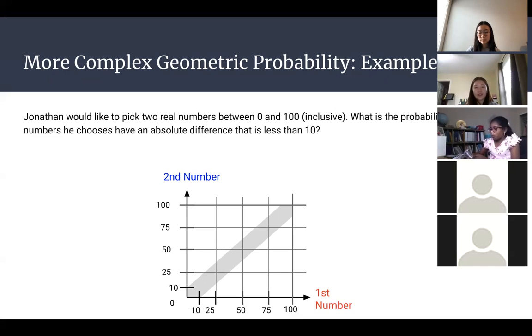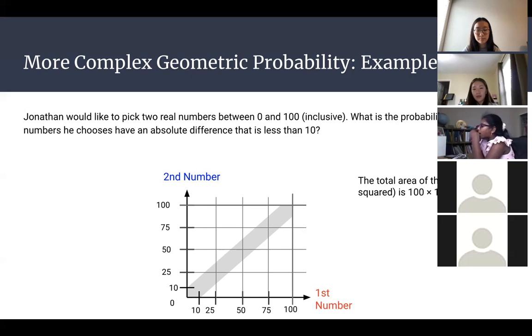Yeah, you're right. So hopefully everybody else understands as well. Using that logic, that is how we graph this thick line. We know both of the numbers are from 0 to 100, so it's a square now.